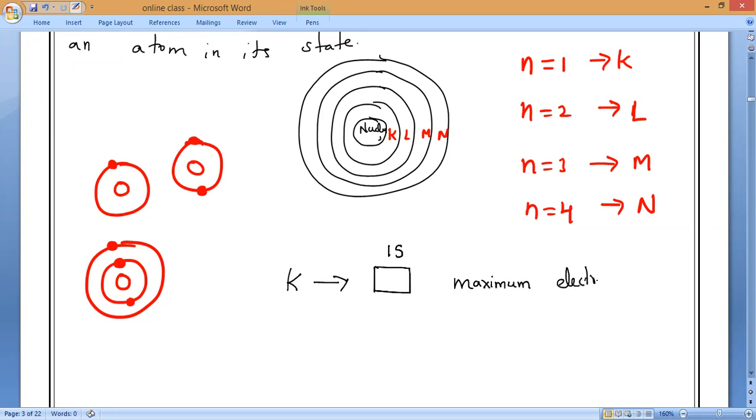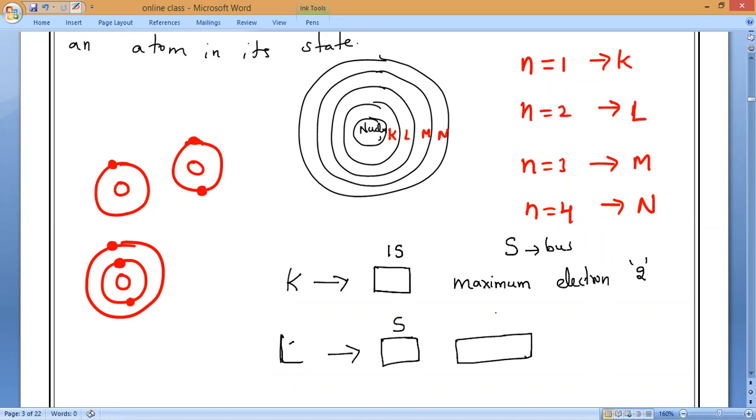Maximum number of electrons we can fill in an s bus is 2. How many electrons can we fill in an s bus? 2. Next, the L shell has an s bus and also a p bus.